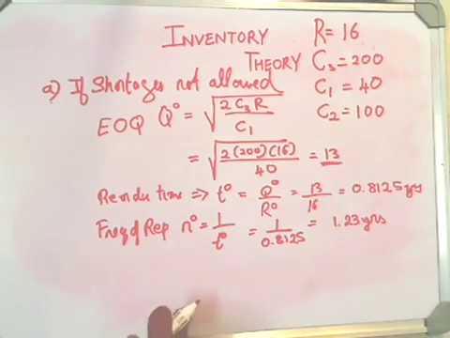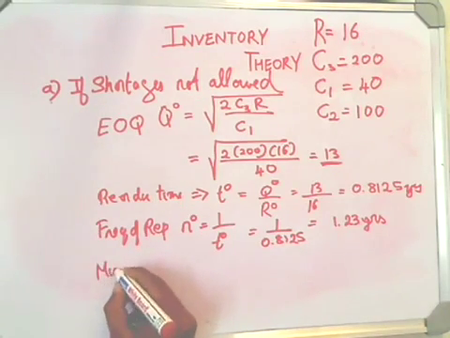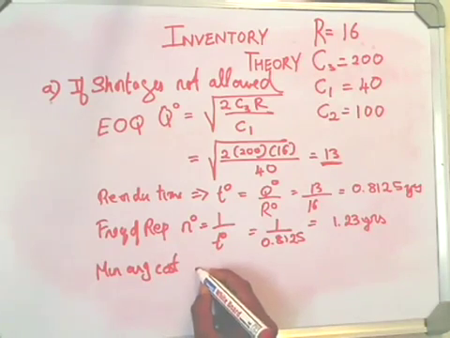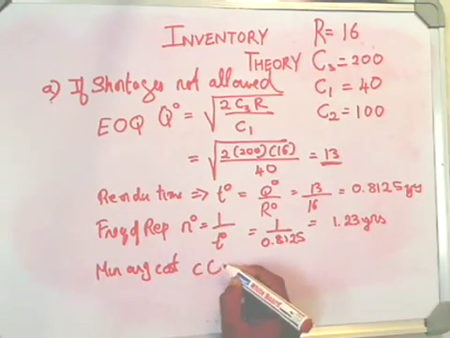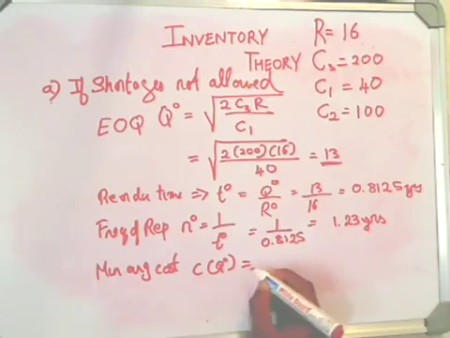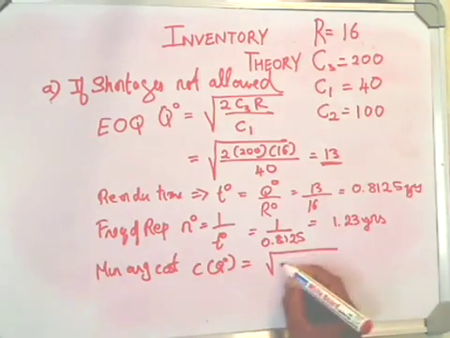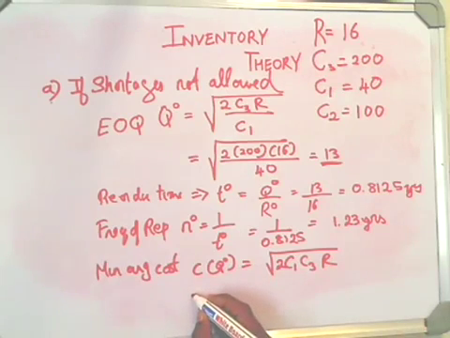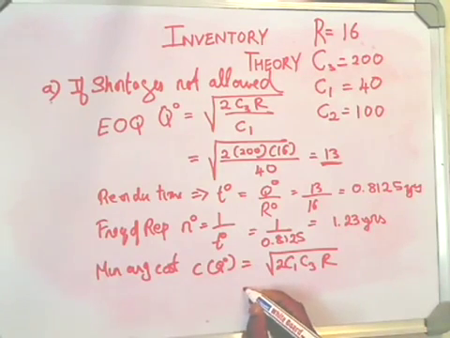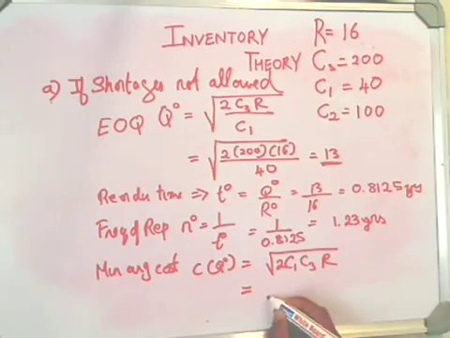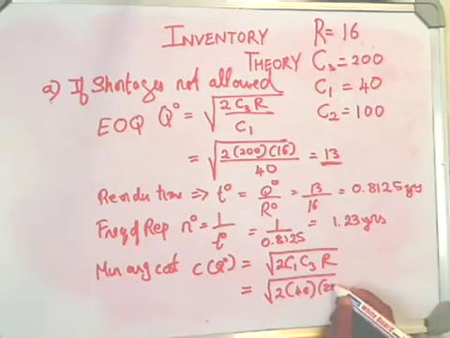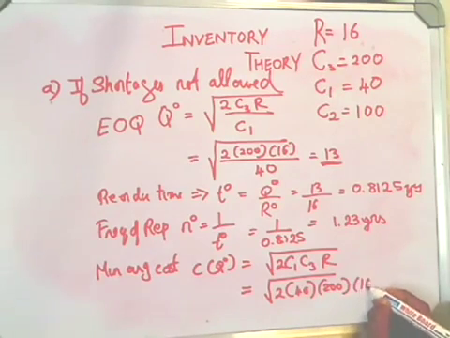Okay, and then the minimum average cost. Minimum average cost is given as the square root of 2C1C3R. Square root of 2 multiplied by 40 multiplied by 200 and multiplied by 16.